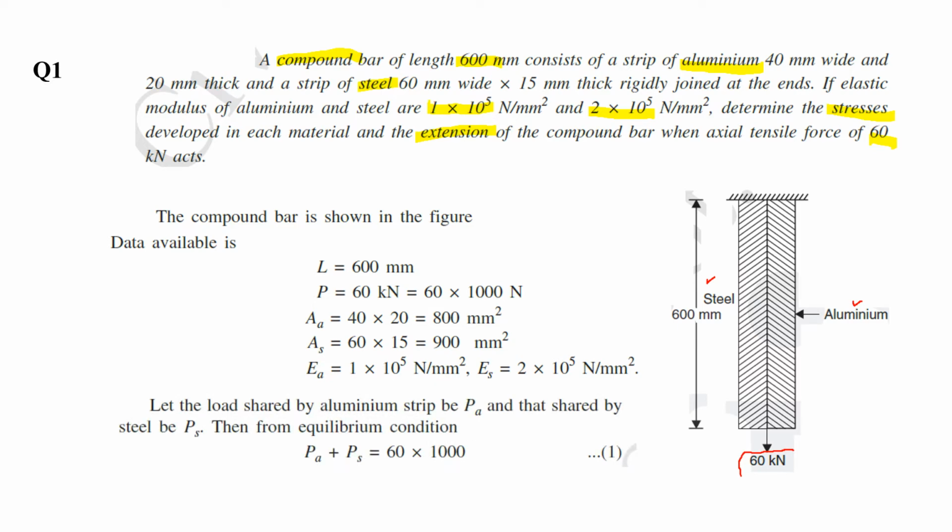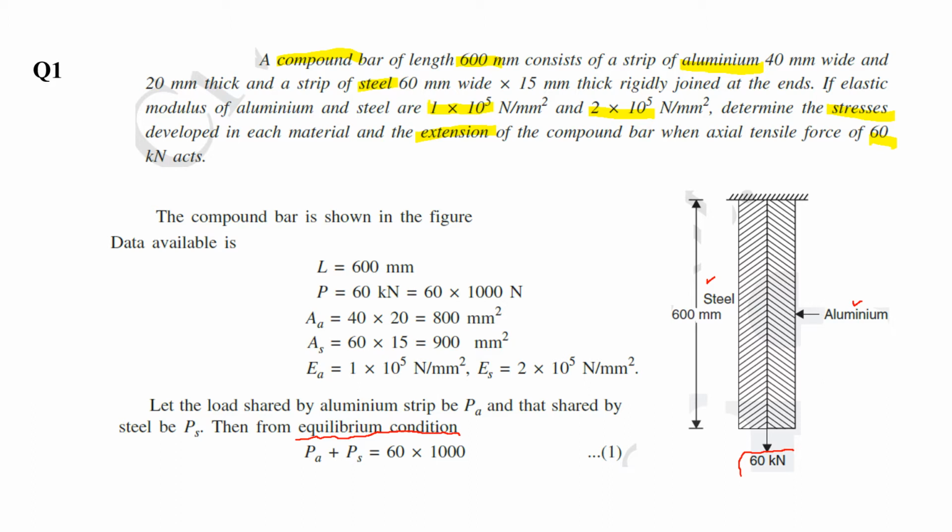And the first equation, from the equilibrium condition, is that total load is the load taken by steel as well as aluminium. That is, PA is the load taken by aluminium and PS is the load taken by steel. Total load is 60 kilonewton. And the second condition we can formulate from the geometry.